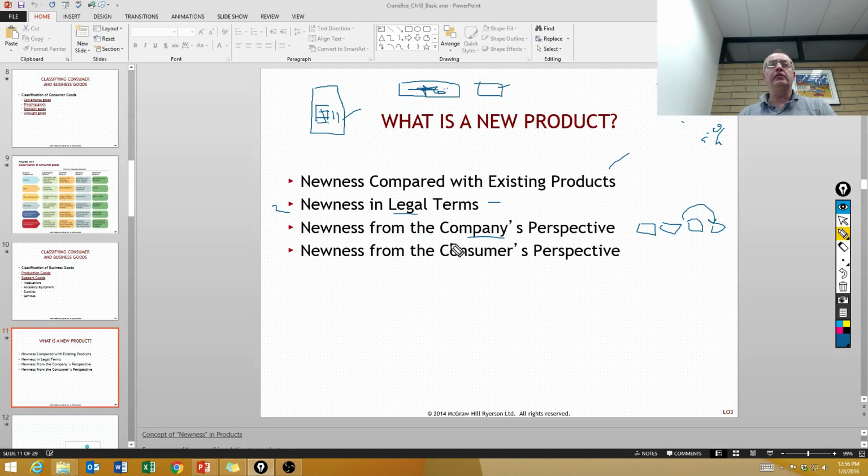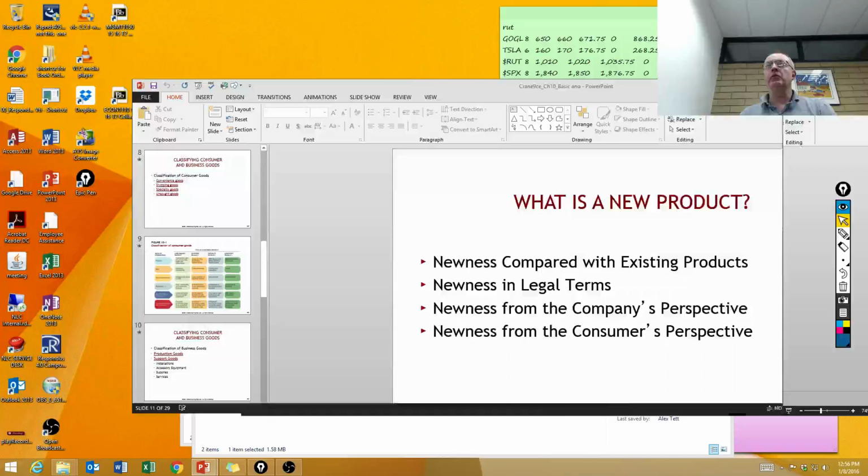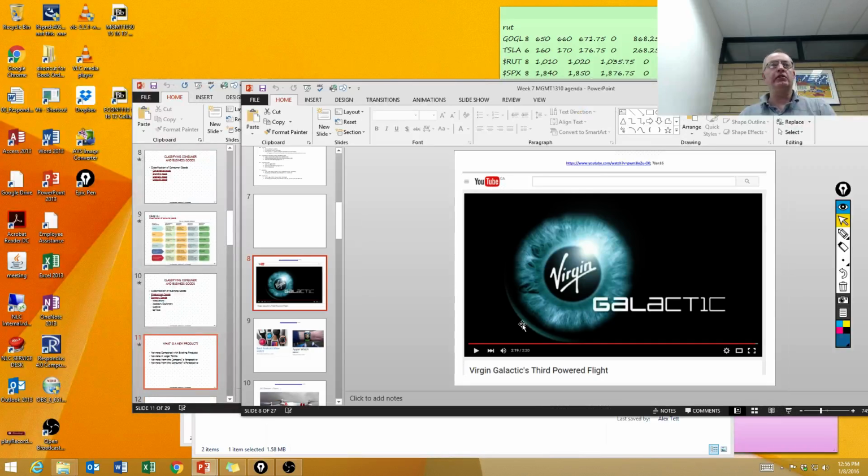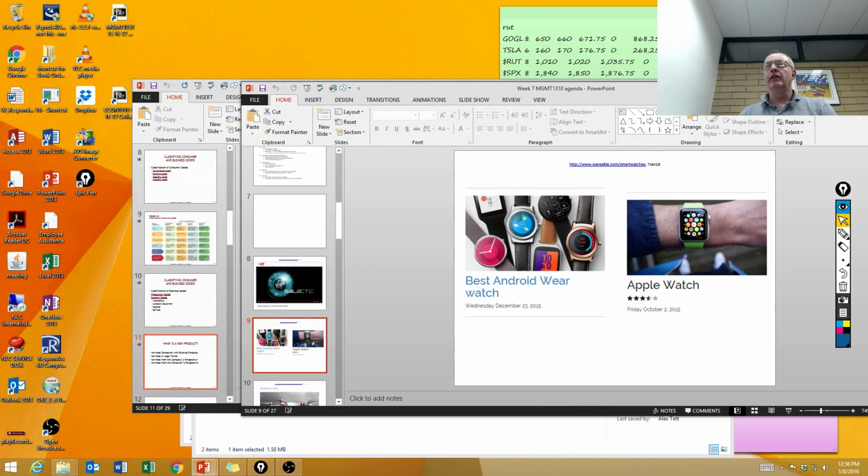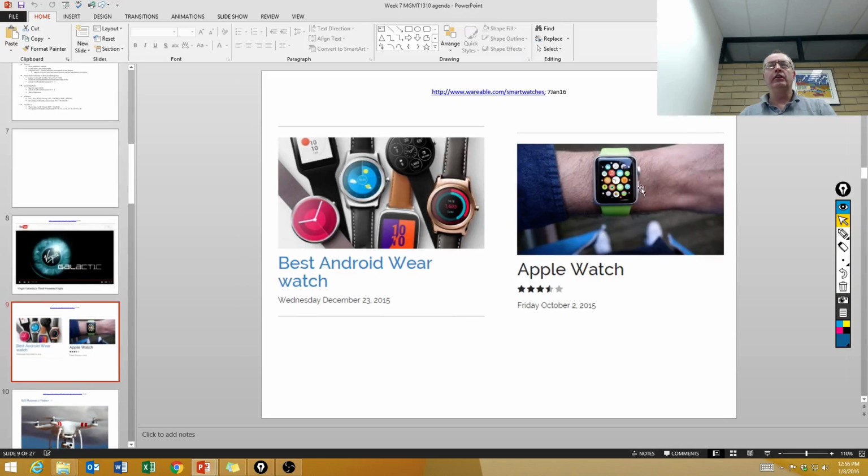A good example of a company with a product line extension that we've seen very recently, that I know you're all familiar with, is Apple getting into the smartwatch field. They were not the first in the smartwatch field, but smartwatches have been on the market for a couple years now.